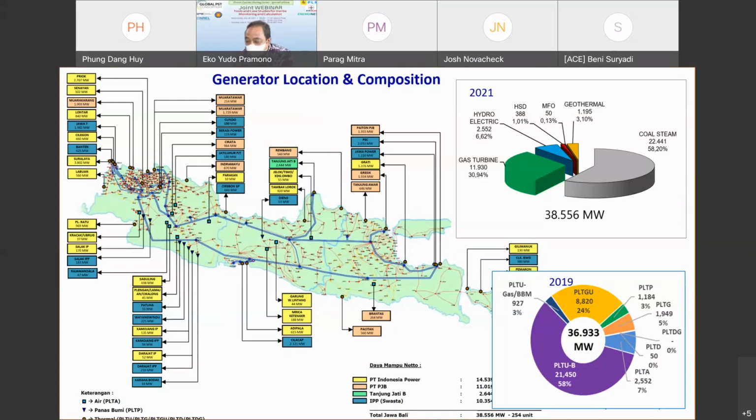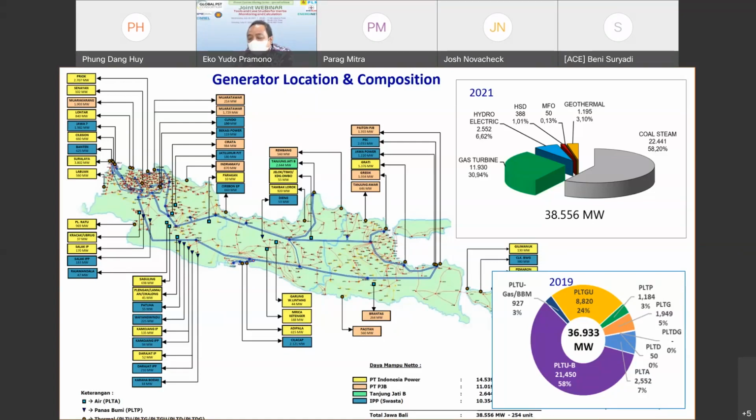This is the comparison of generation composition before and during 2021.